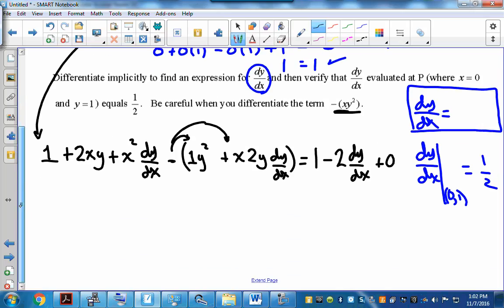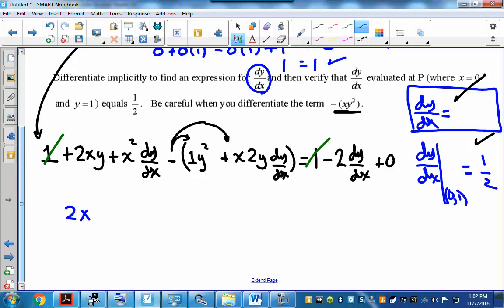Assuming we did all of that right, and you do some basic algebra, you'll have the correct derivative, and then you just need to verify that when you plug the point (0, 1) in, you get the right value. Okay, so cleaning this up a little bit, the ones go out very nicely. Let me go ahead and distribute and just sort of clean things up a little bit here.